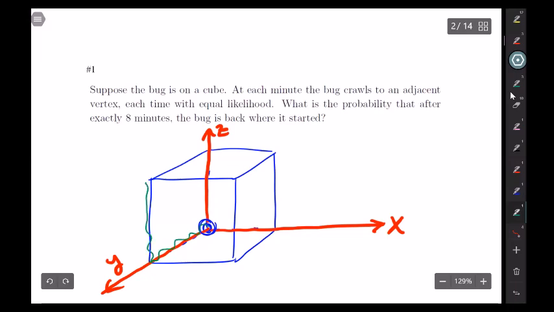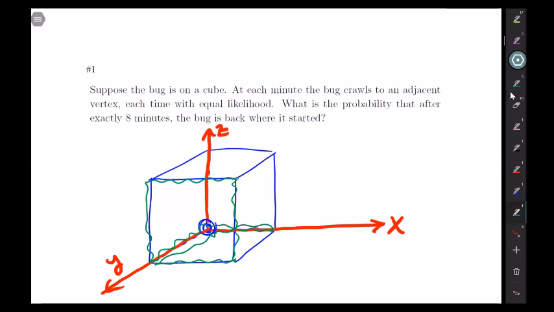I can go up like that, 3, 4, 5, 6, 7, and I'm back, 8. So I did crawl, and after 8 minutes, I'm back at the origin. So in a sense, I need, yeah. So how do I handle these types of problems?